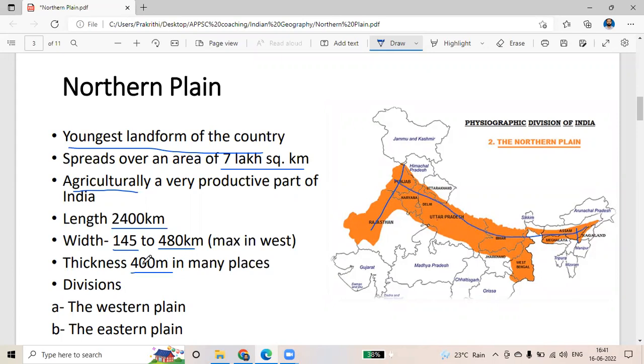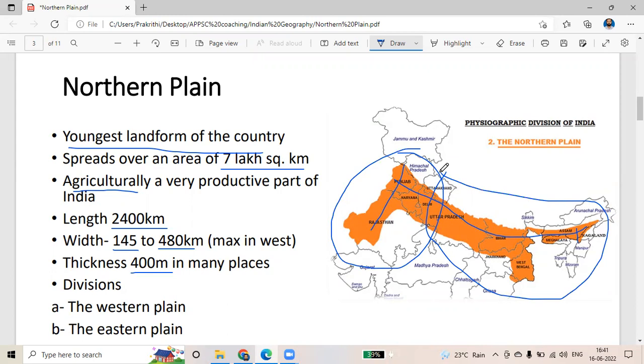Again, this main northern plain has been divided into 2 types. One is the western plain and another one is the eastern plain. The plain that is made by the Indus River, we can say it is the Western plain.